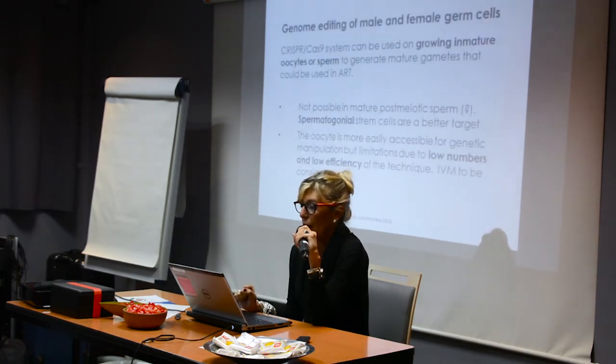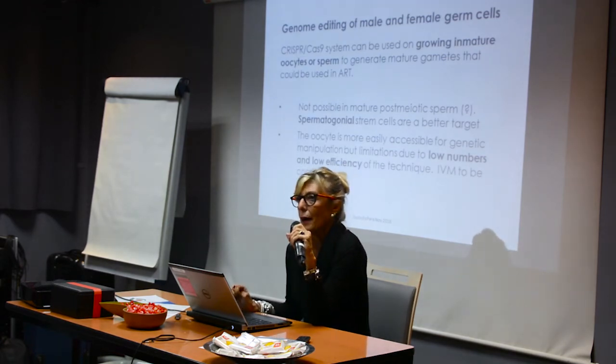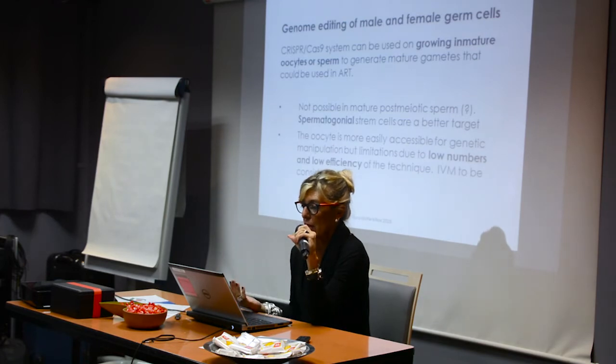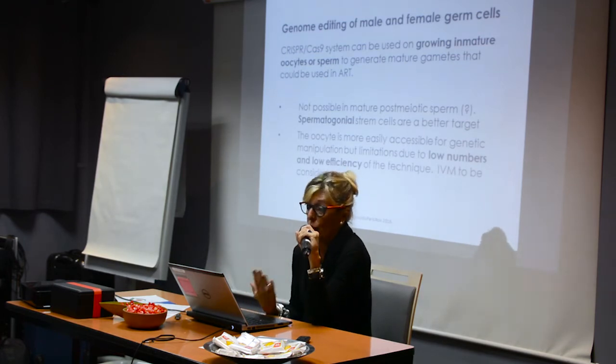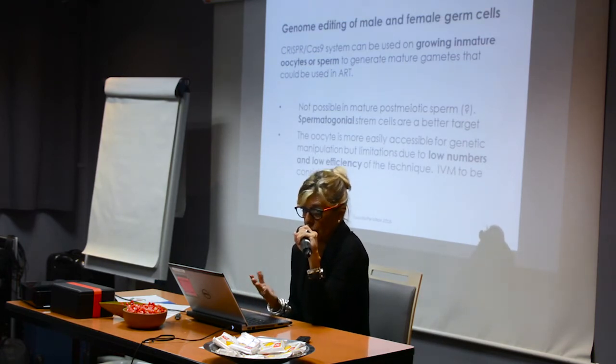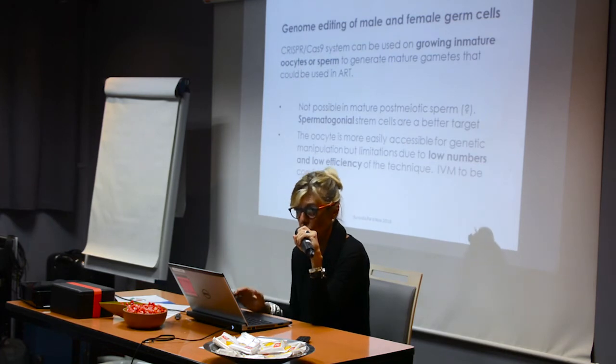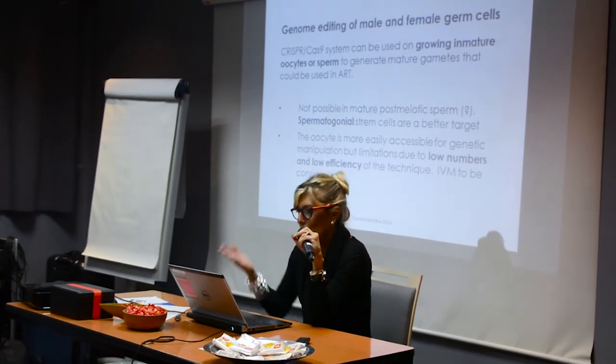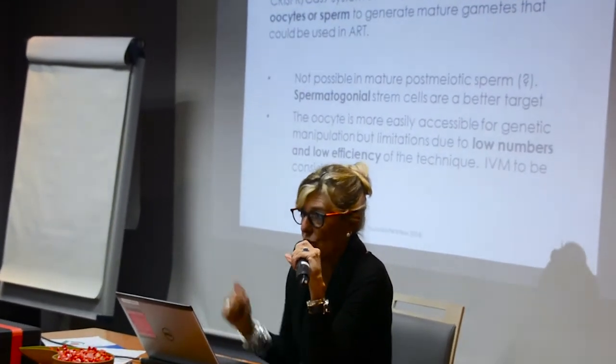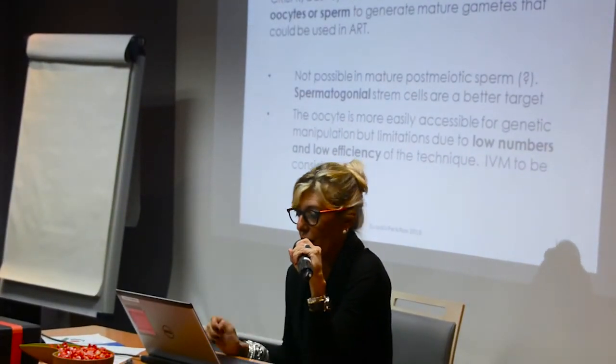With respect to oocytes and sperm, the problem is that we need to have the CRISPR-Cas system work. We need the cell to divide and cleave, and an oocyte by definition is already a mature oocyte, so it's not going to react to what we are going to do unless it has a further division.